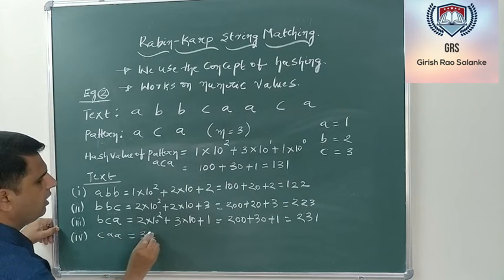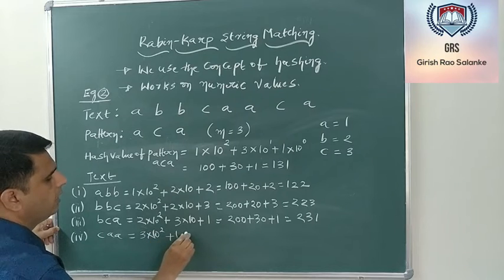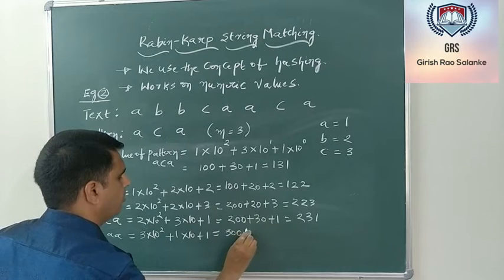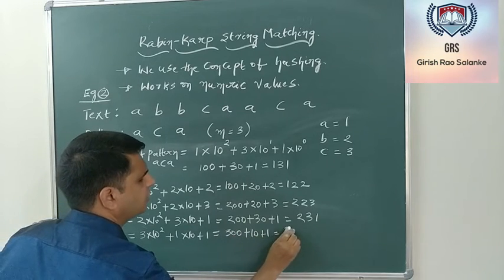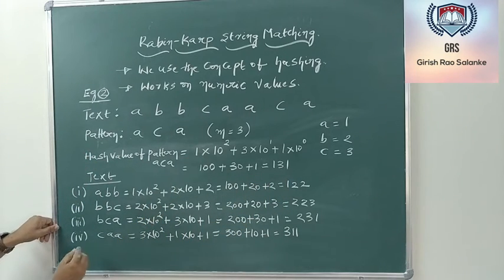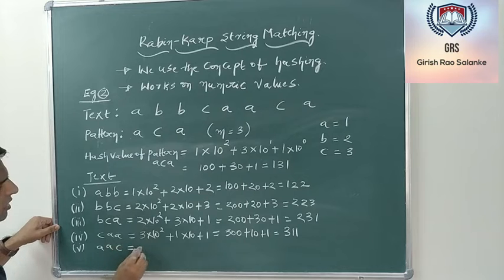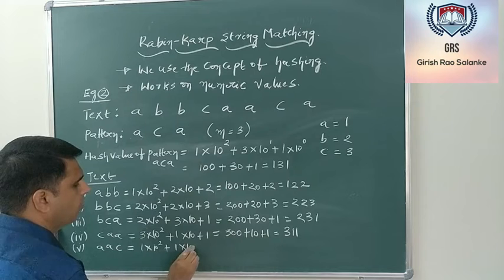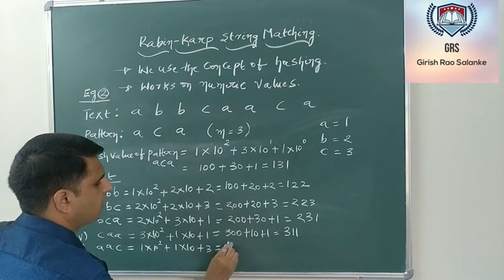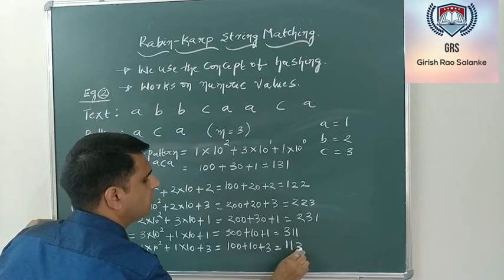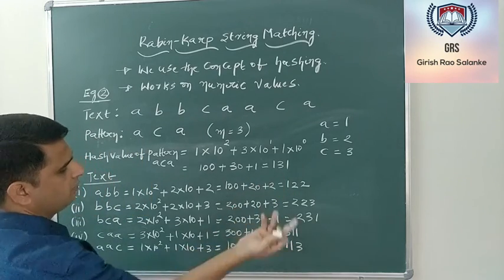This is 3 into 10 square plus 1 into 10 plus 1, which is 300 plus 10 plus 1, which is 311. Compare this 311 with 131, it does not match. Go for the next one, which is AAC. This is 1 into 10 square plus 1 into 10 plus 3, which is 100 plus 10 plus 3, which is 113. Compare this 113 with 131, it does not match.